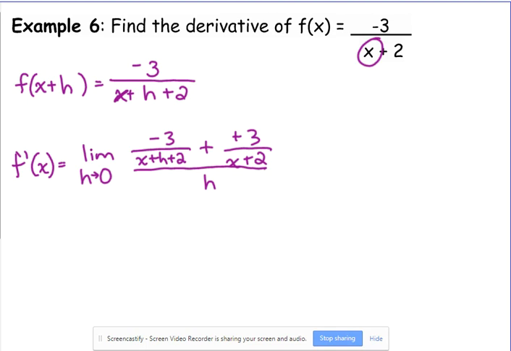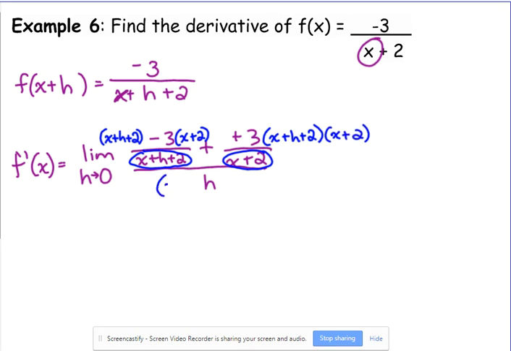Now, remember back when we were doing these limits, we were trying to evaluate it. What did we do? We had to multiply by the LCD. Now, in this case, x plus h plus 2 and x plus 2 together are the LCD. So x plus h plus 2 and x plus 2. If you can see what's going to cancel, you can go ahead and do that, but I'm just trying to be thorough and clear in what I'm doing.